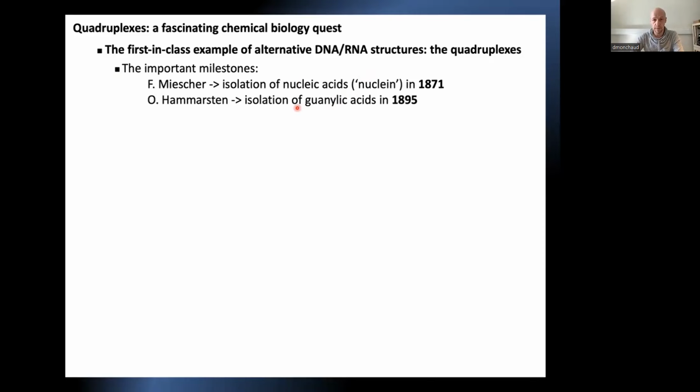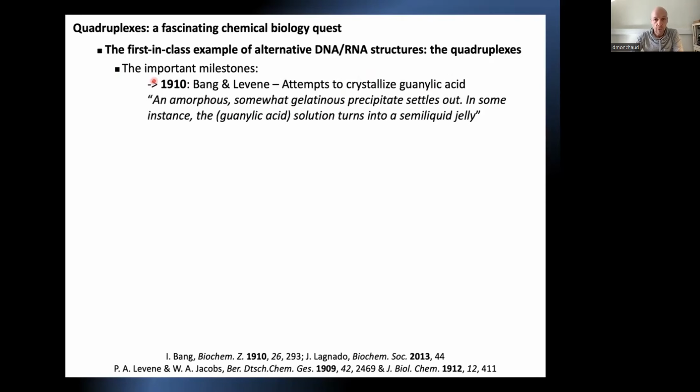So this is, I would say, the starting point for the discovery of the quadruplexes, because this fundamental unit was isolated, but we didn't know exactly what it was. In 1910, Bang and Levene tried to crystallize, because this was more or less the only way to have access to the structures of guanine.